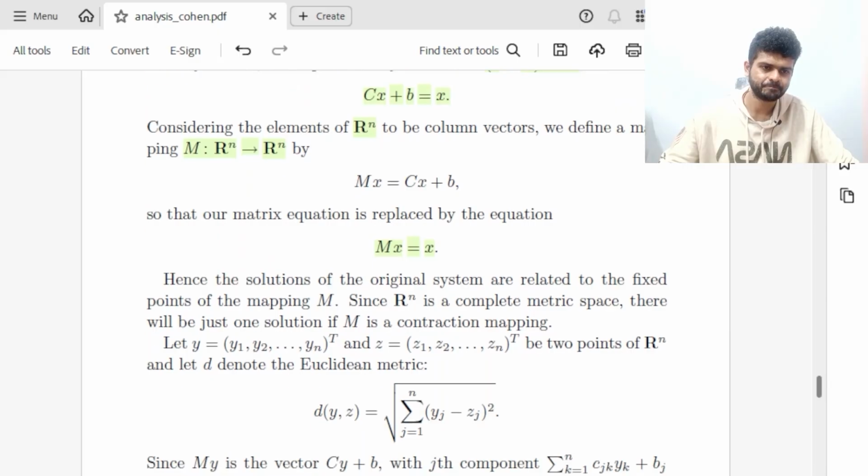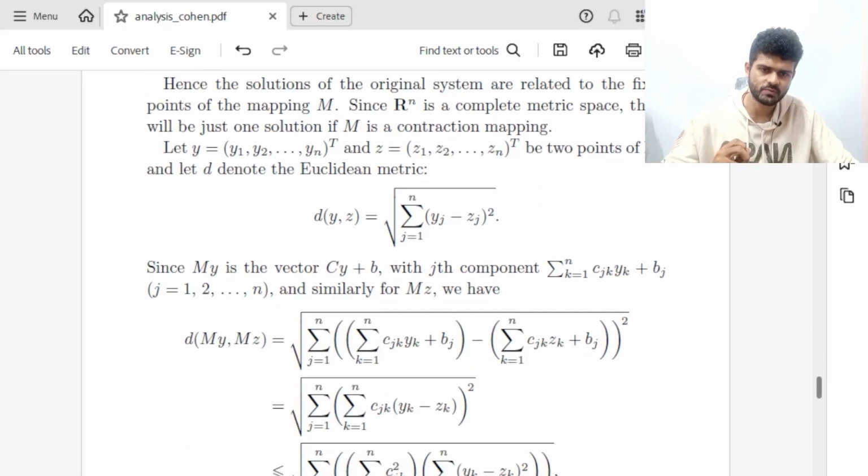So that's the technique here. But you need to show that this mapping is a contraction, right? How do you show that? It's very easy. Rn is a complete metric space, and one of the requirements for the fixed point theorem is that the space is complete.